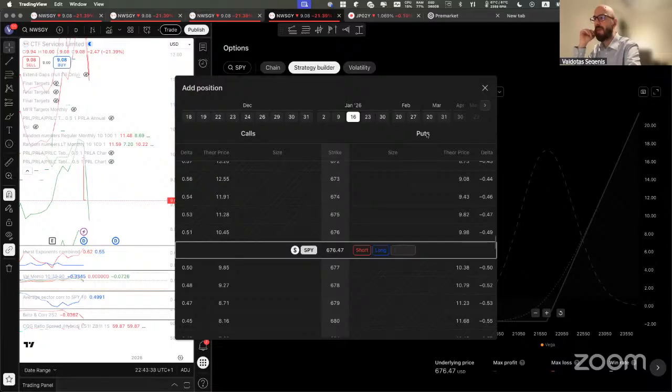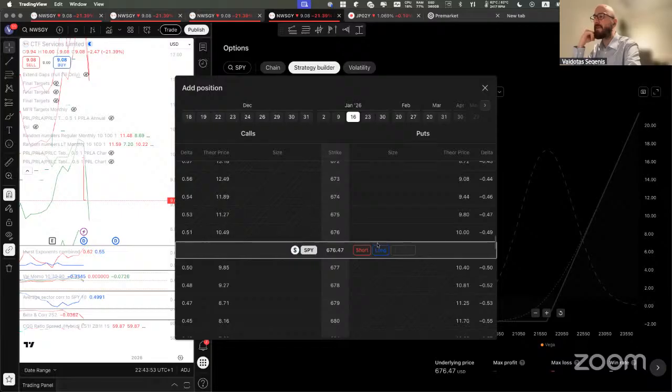But same as with call vertical spreads, with put vertical spreads, we have this safety.